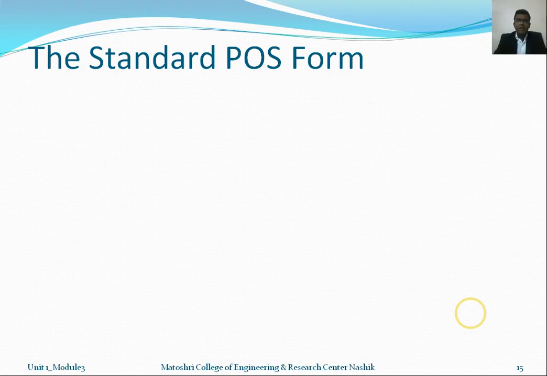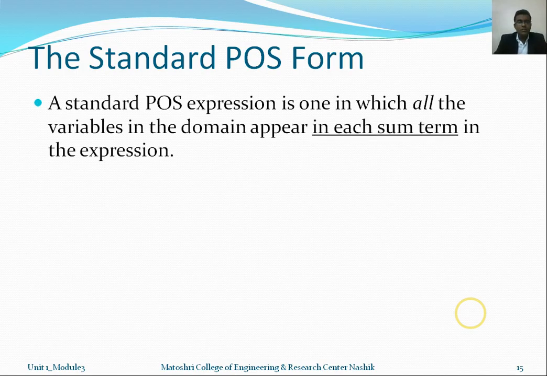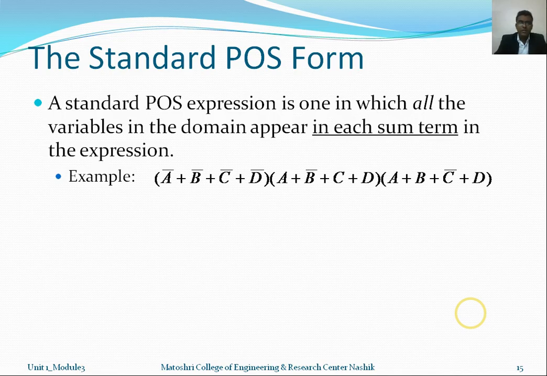There is also a standard POS form. The standard POS form is where all the sum terms contain all the variables. Here the first sum term contains A, B, C and D, all four variables. Similarly, in the second sum term, A, B bar, C and D, all four variables are contained.